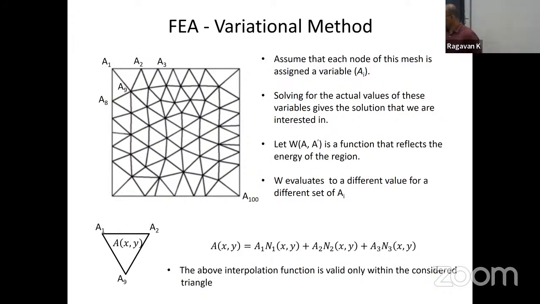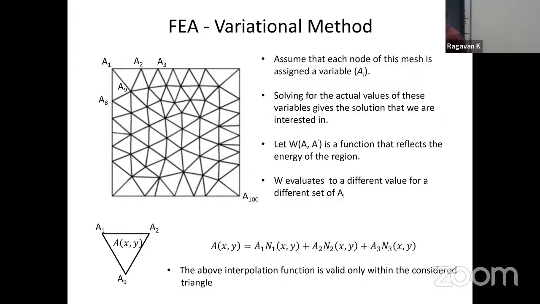You use simple trigonometric identities to get these shape functions to represent the unknown A(x, y) in terms of A1, A2, and A3. A1, A2, A3 are simple scalars, like say 10, 10.5, and 11.